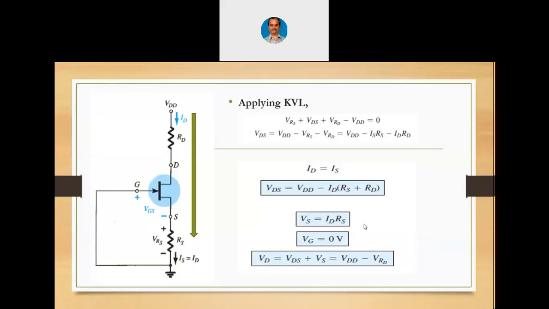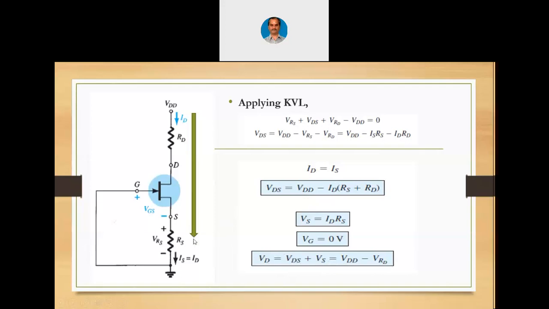So Vs is ID into Rs, Vg equals 0 volts. Now Vd is the voltage at the drain. Voltage at the drain is voltage across drain and source plus voltage at the source resistance. So Vd is Vds plus Vs. Now Vds plus Vs can be Vdd minus Vrd.